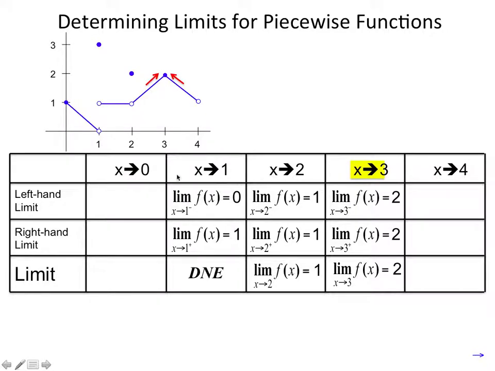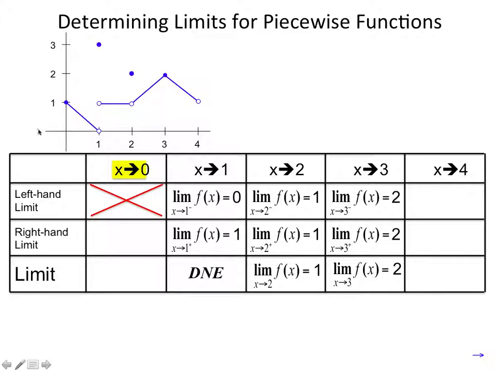Now let's look at our endpoints here, because since our piecewise function begins at 0 and ends at 4, we have one-sided limits at our endpoints. So as we look at approaching 0 here, we can only approach it from the right. So a left-hand limit doesn't exist, or is not really applicable, because we can't approach it from this side.